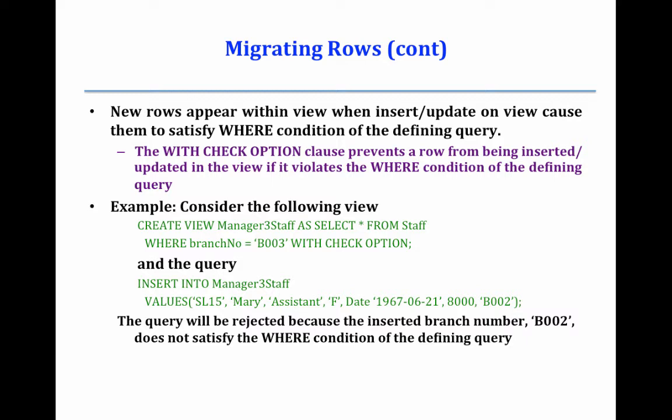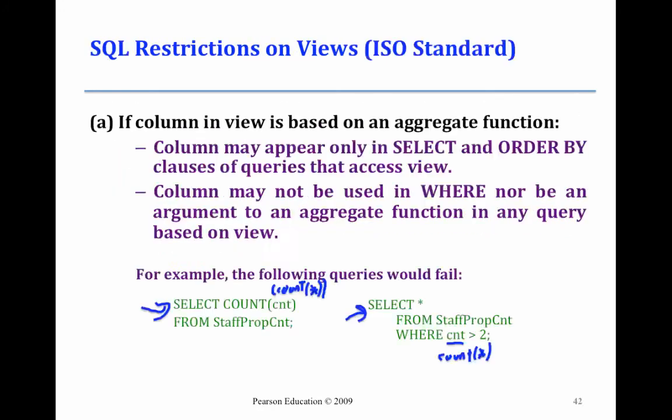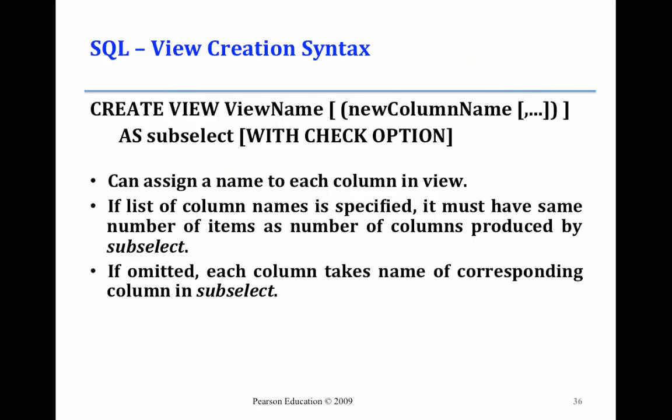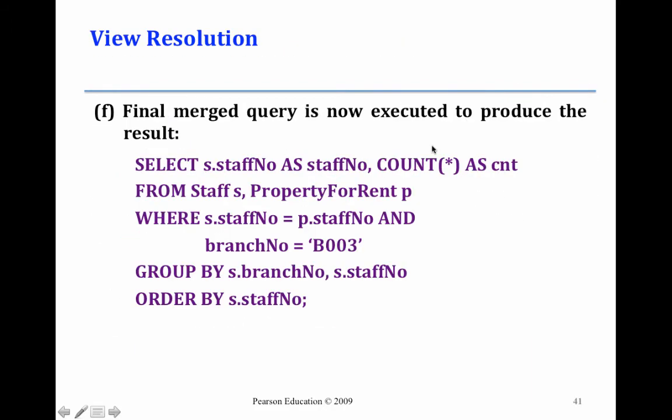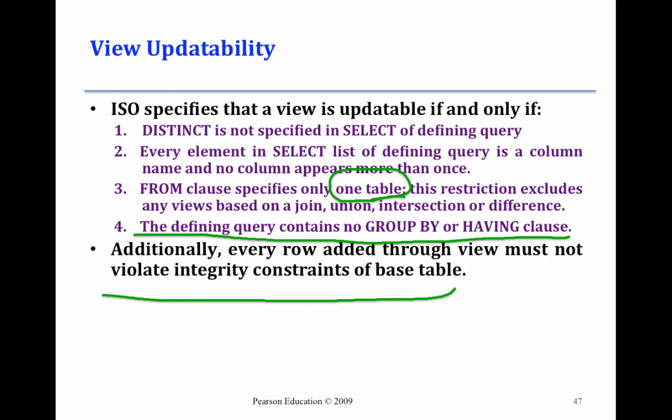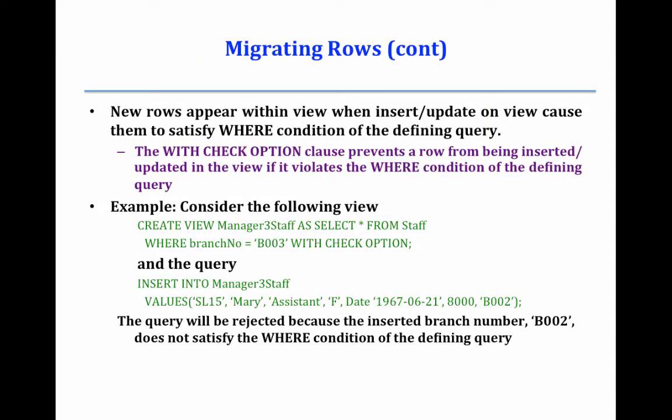Okay? Now, you may remember way back that when you create a view, you can have this thing called with check option. It's saying that when you try to insert into a view, it actually checks it, and if it would violate the underlying where condition, it won't be allowed into the view.